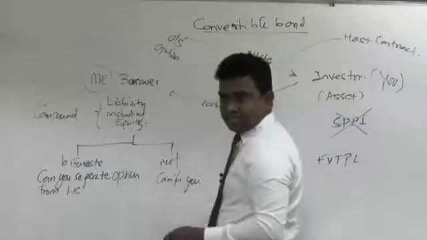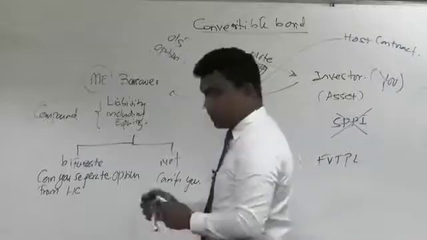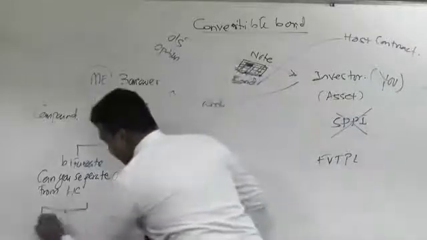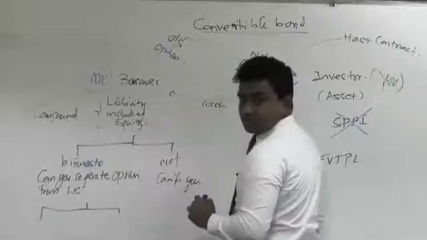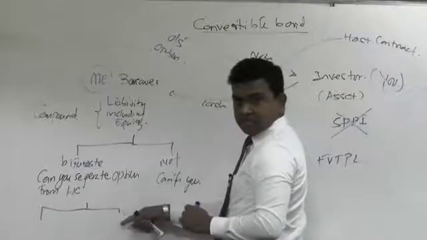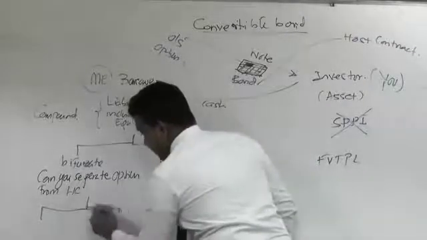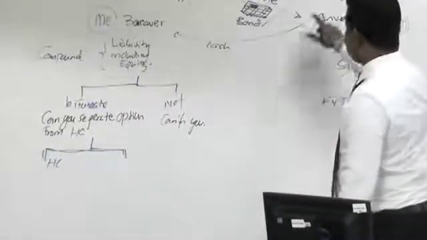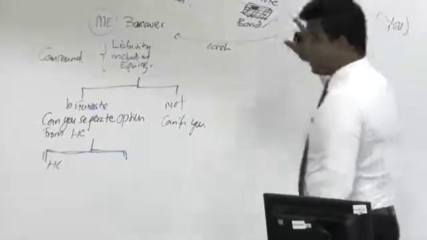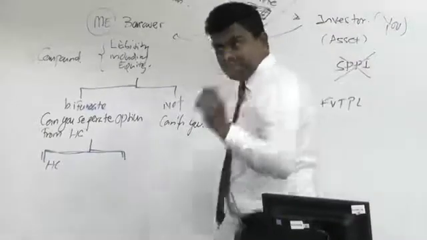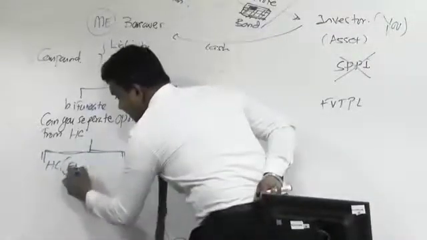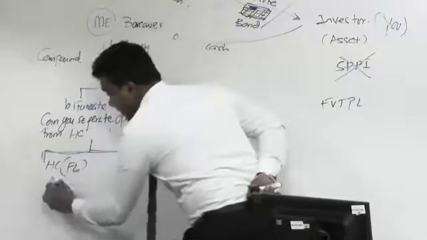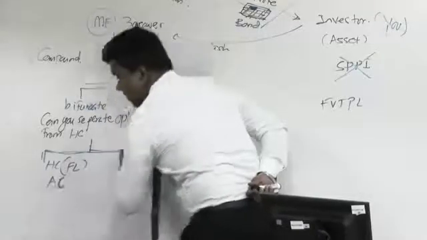If you can separate, what do you need to do? Separate it first. If you can separate, the host contract, meaning the bond certificate, the bond, is the financial liability. The host contract is the financial liability and will be measured at amortized cost.